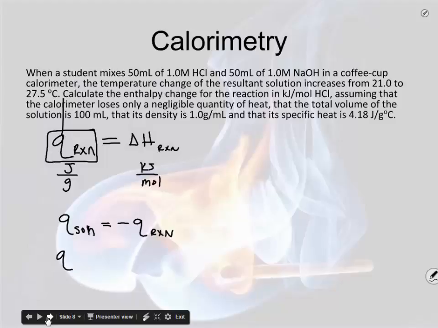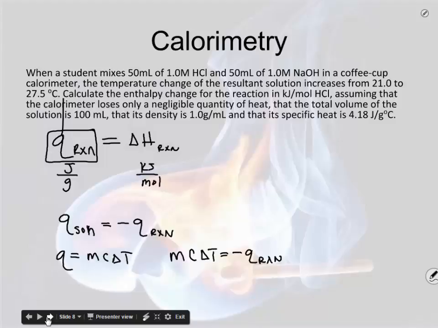So Q, remember, equals mc delta T. So we're going to use that relationship. So the mass of our solution times the specific heat of our solution times the temperature change of our solution equals negative Q of our reaction.